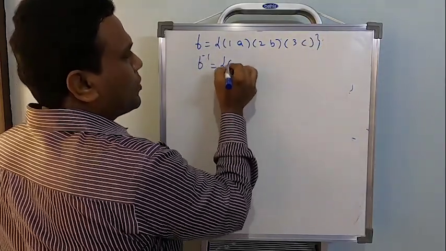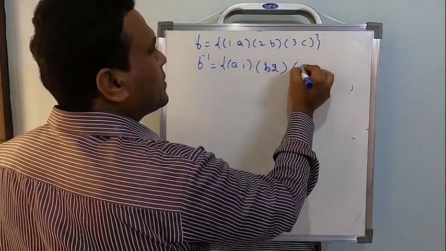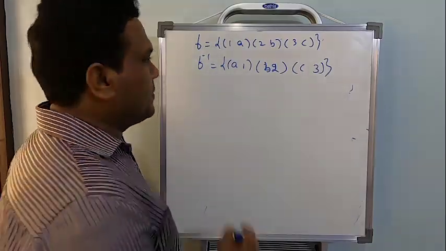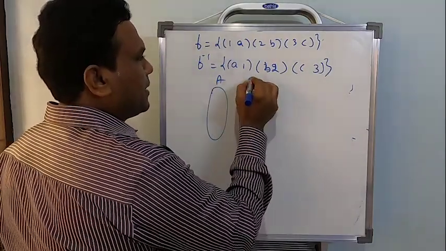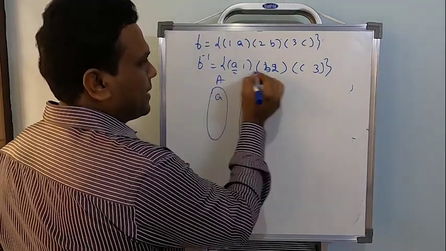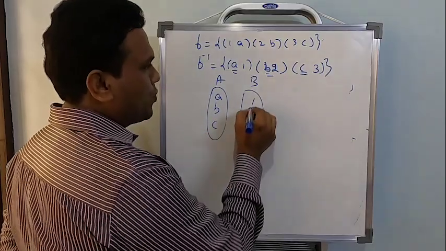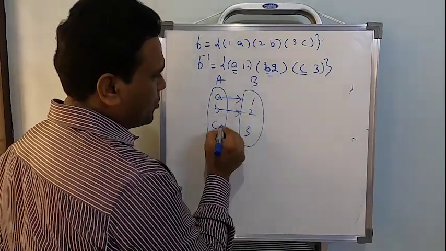So f inverse equals (a, 1), (b, 2) and (c, 3). For this also, I will put the Venn diagram. This is a, this is b, this is c. This will be the set A now. So A, B, C, 1, 2, 3. a to 1, b to 2 and c to 3.